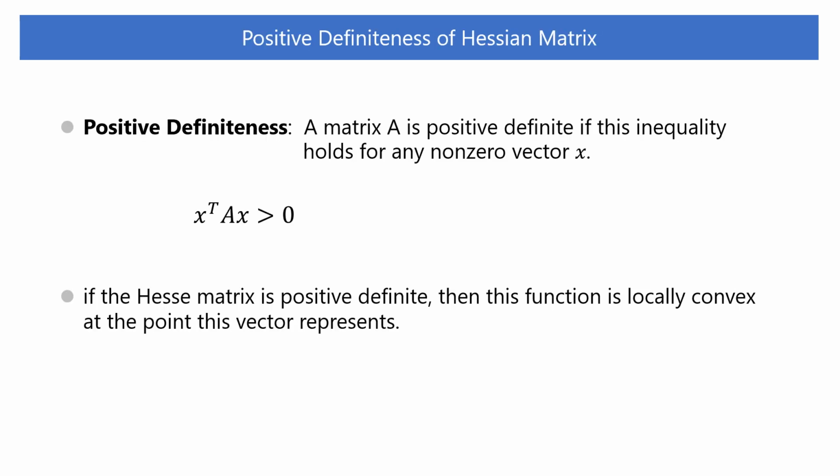A matrix A is said to be positive definite if this inequality holds for any non-zero vector x, where x^T denotes the transpose of x. If the Hessian matrix derived from a function is positive definite for any non-zero vector, then this function is locally convex at the point this vector represents.